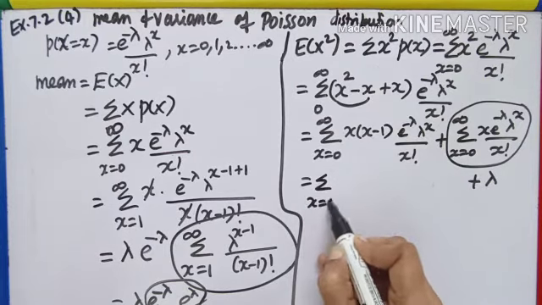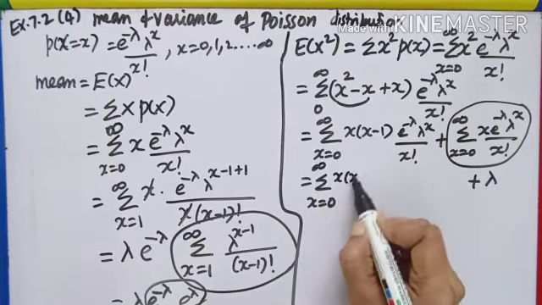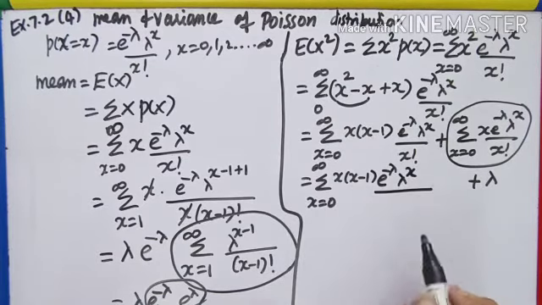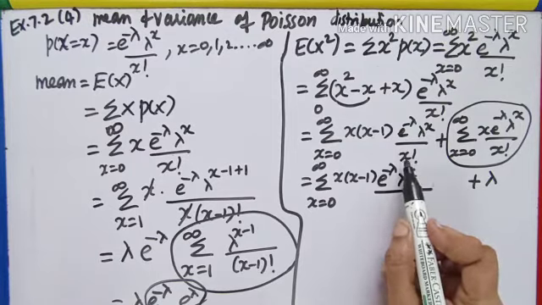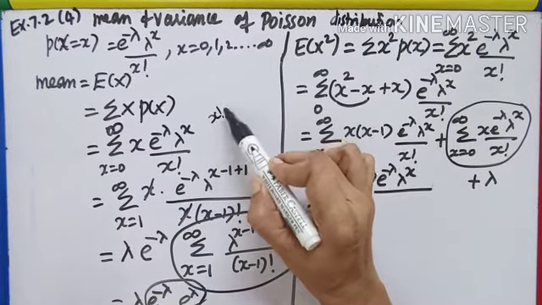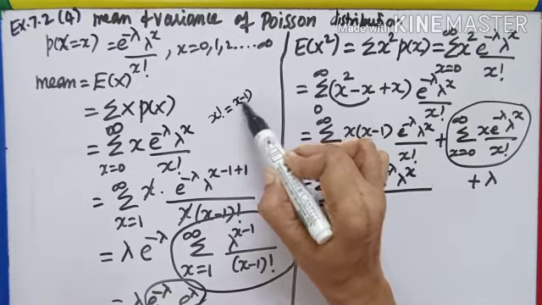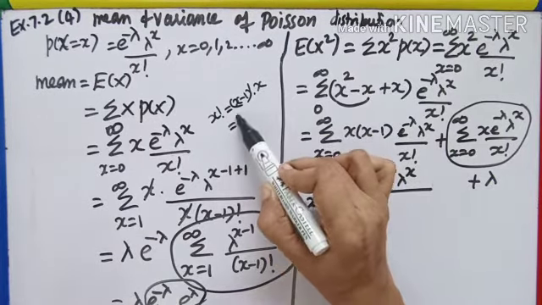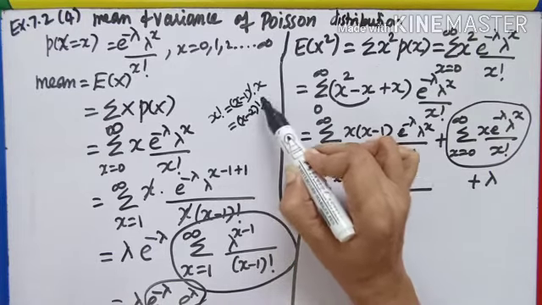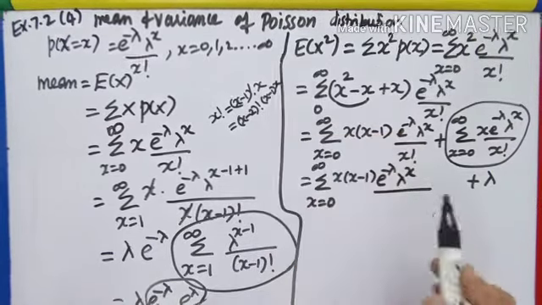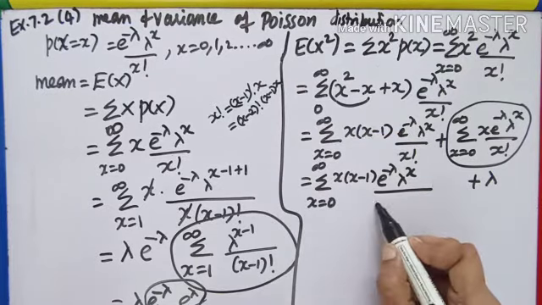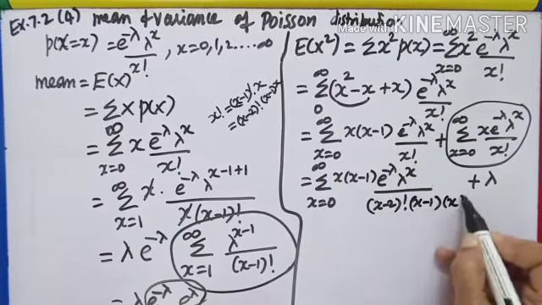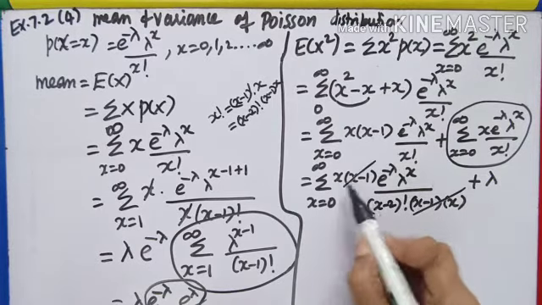Sigma x is equal to 0 to infinity, x into x minus 1, e power minus lambda, lambda power x by x factorial. Remember, how did we write x factorial? X factorial can be written as x minus 1 factorial into x. I can write one more step: x minus 2 factorial into x minus 1 into x. So I can cancel these two.